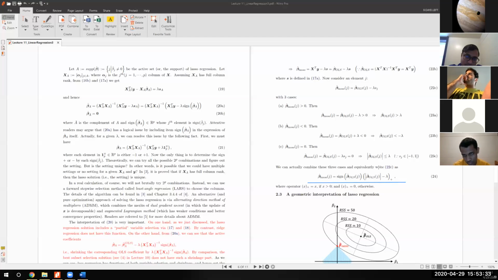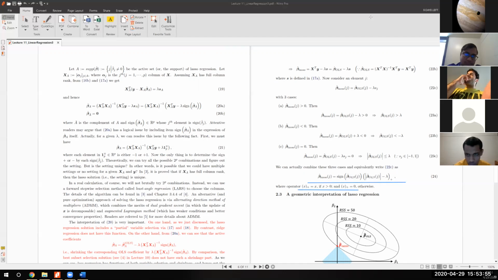If it's less than 0, then it's 0. As I defined here, the operator plus equals x if x is greater than 0, and if x is less than or equal to 0, then it's equal to 0. And you can easily verify 23 A, B, C. No matter which case, this 24 is correct.